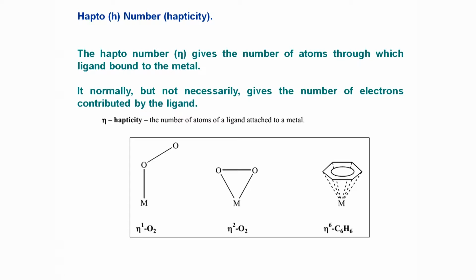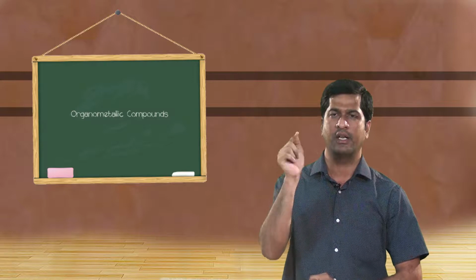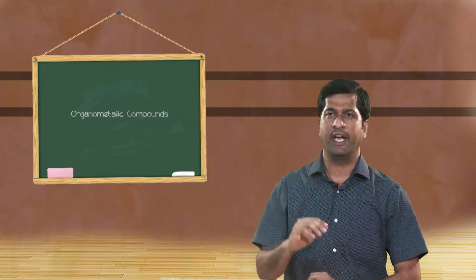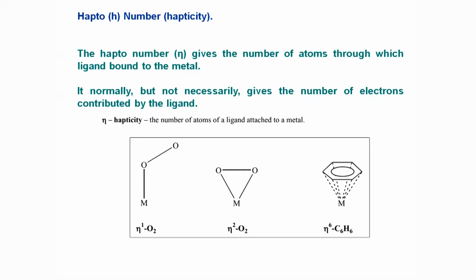In the second complex, the oxygen molecule binds to the metal using both oxygen atoms, so the hapticity is 2. In the third case, the benzene molecule is attached to the metal through all 6 carbon atoms. That's why the hapticity of benzene in that complex is 6.